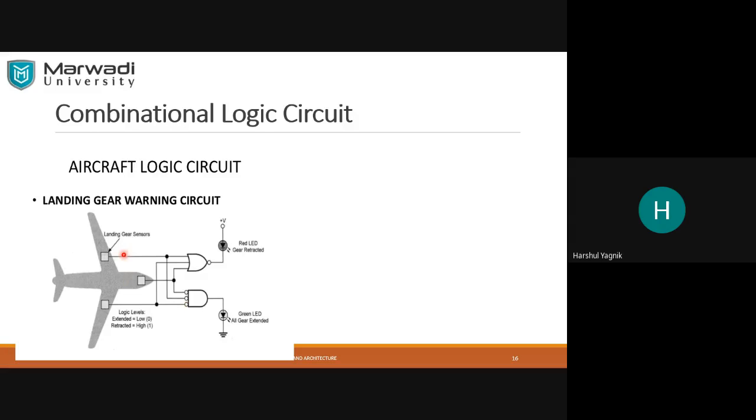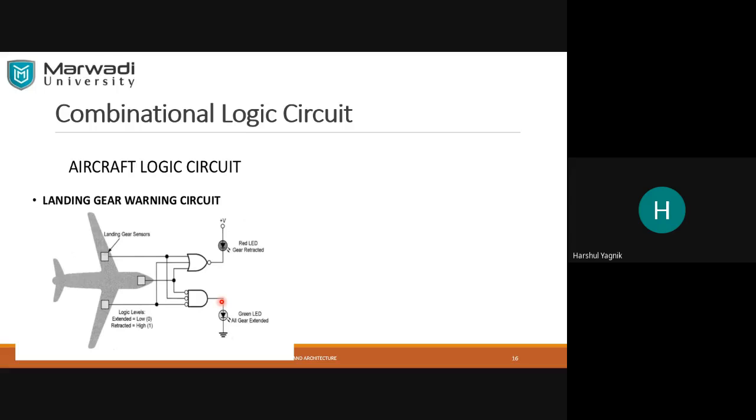Sensors will also give output 0 if the gears are extended. And then there is an additional instruction from the pilot. If all three inputs are 0, then the NOT gates will make them 1 as inputs to the AND gate. And when all three inputs are 1 to the AND gate, the AND gate output will be logic 1.